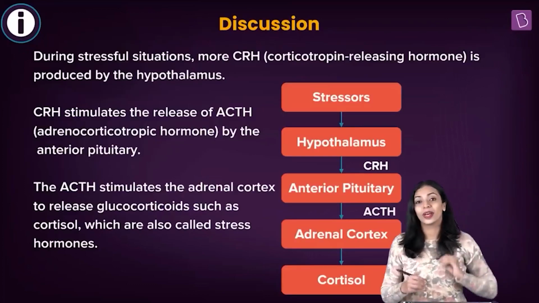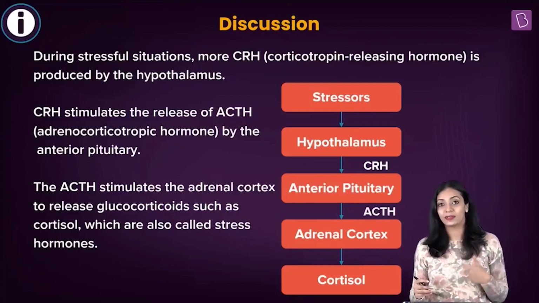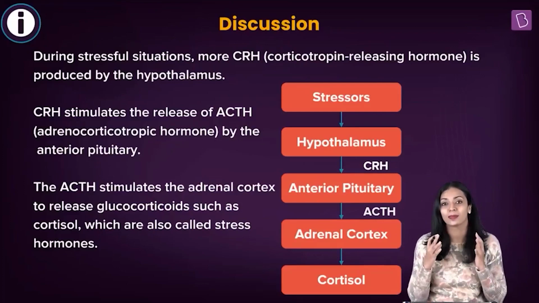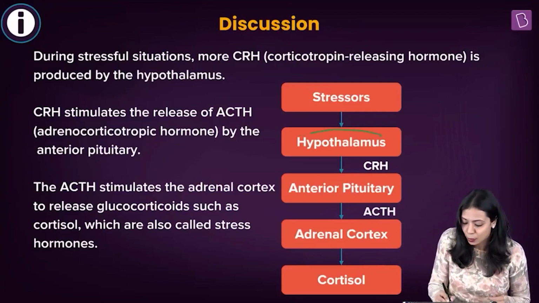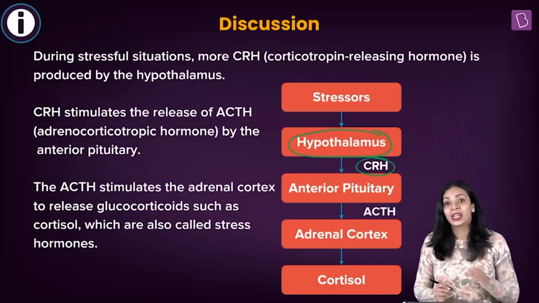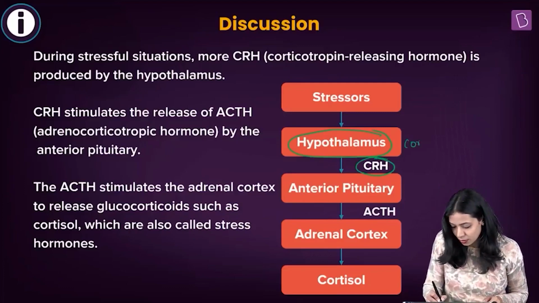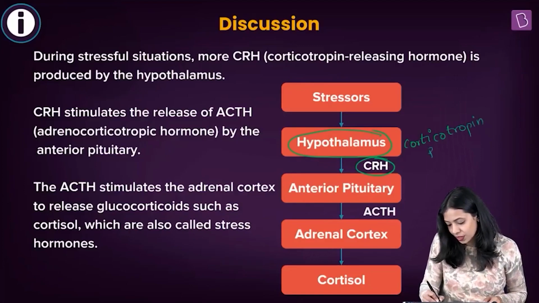Whenever there is any stress, you could be feeling fear or you could be feeling anxiety. During the time of stress, the hypothalamus will produce a hormone known as CRH. This CRH stands for corticotropin releasing hormone.